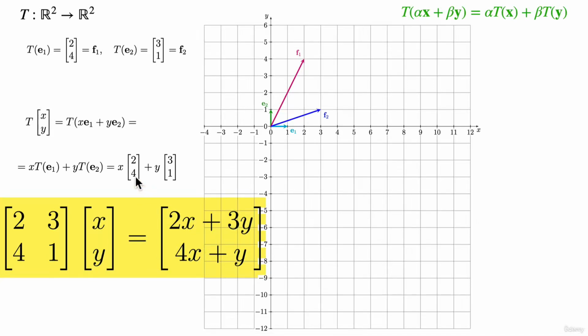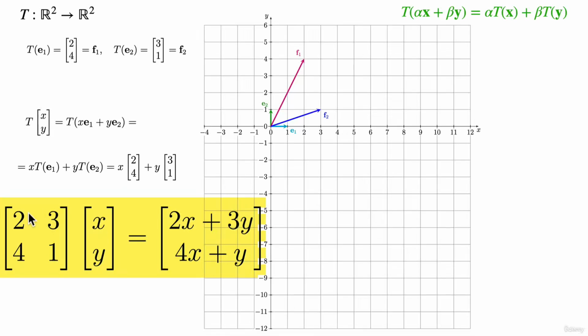And it is exactly what we would get here if we perform this multiplication: 2 times x plus 3 times y on the upper row, and on the lower row 4 times x plus 1 times y. So this is how we define matrix vector multiplication for 2 by 2 matrices and column vectors with 2 rows.